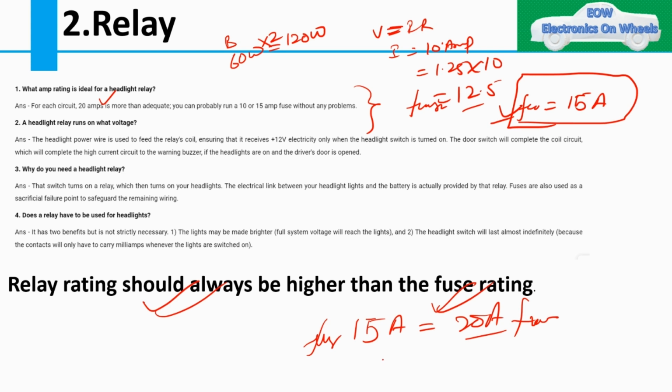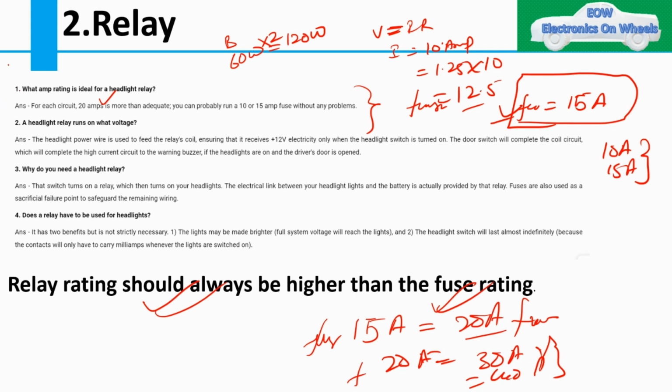If I am getting a 20 amp fuse, then I can go with a 30 amp or 40 amp relay. So it should always be on the higher side. It should not be equal or lesser. Suppose I am selecting a fuse of 15 amps, it should not be a 10 amp relay or a 15 amp relay. You should always remember this.